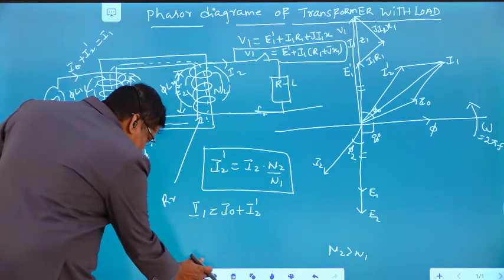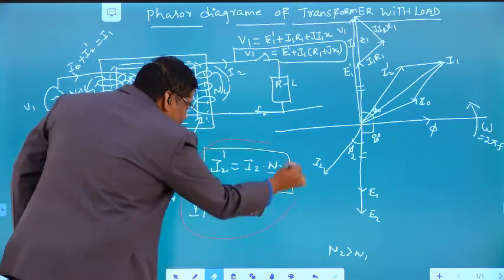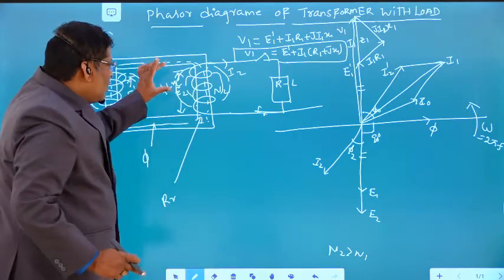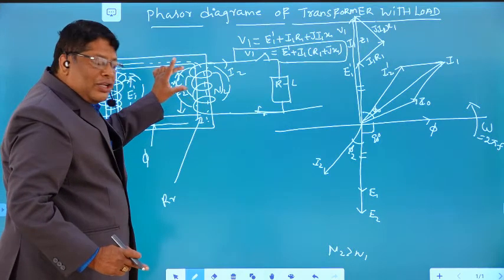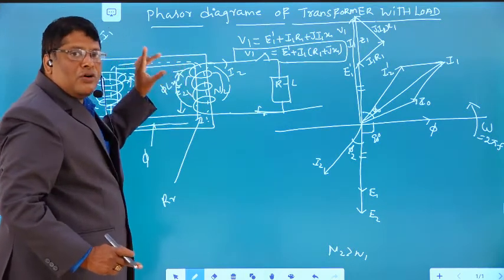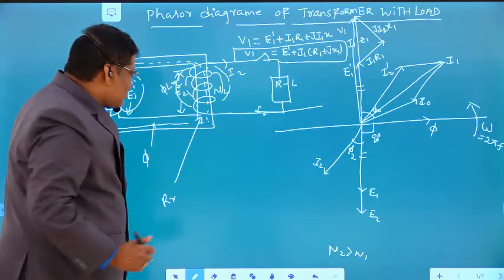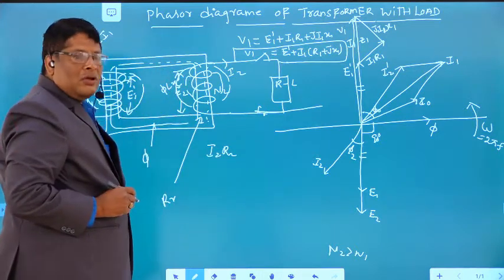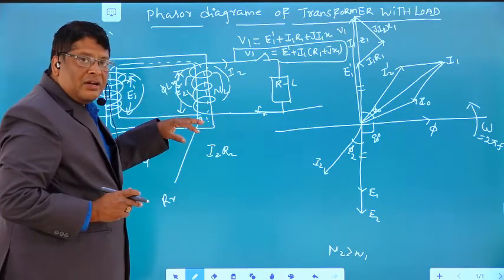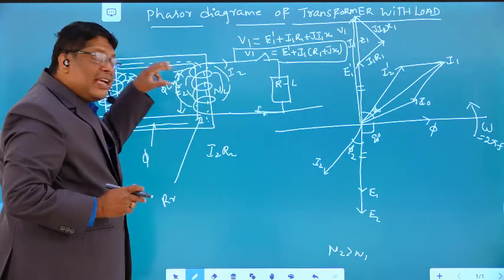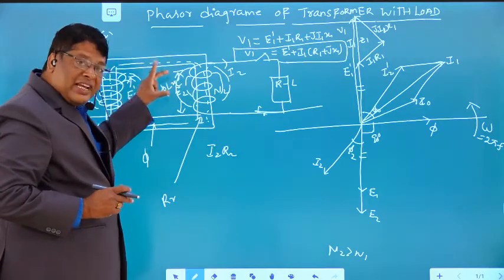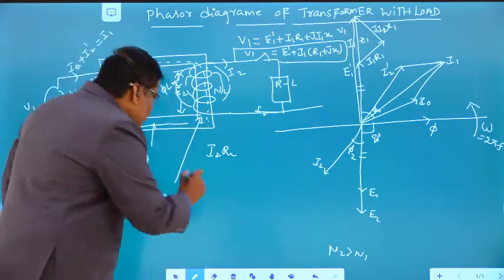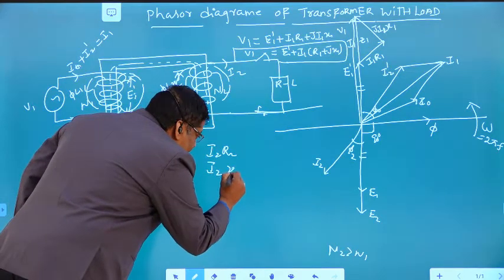Some voltage will drop across the secondary leakage reactance, because the secondary has a leakage flux that we represent by the element leakage reactance, so I2 X2.